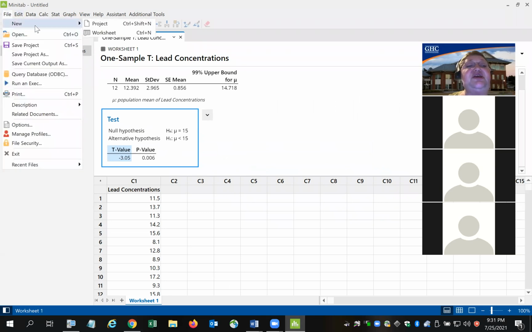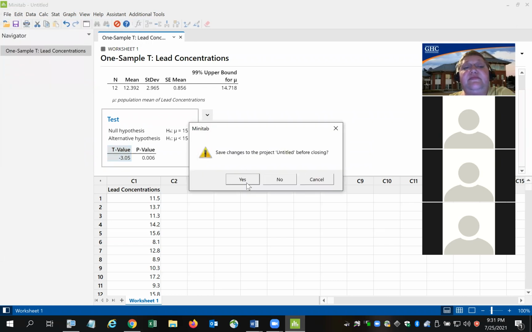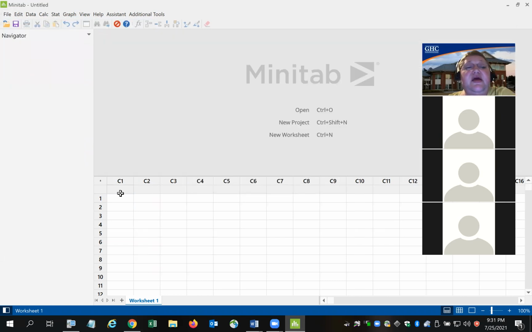Again, I'm going to get a new sheet, hopefully not to confuse you. Okay, so in column 1, I'm going to put the color of the vitamin, and we have green, yellow, purple, orange.